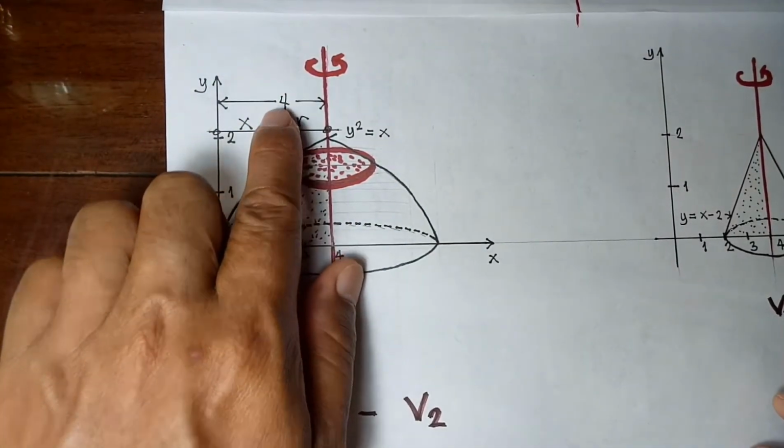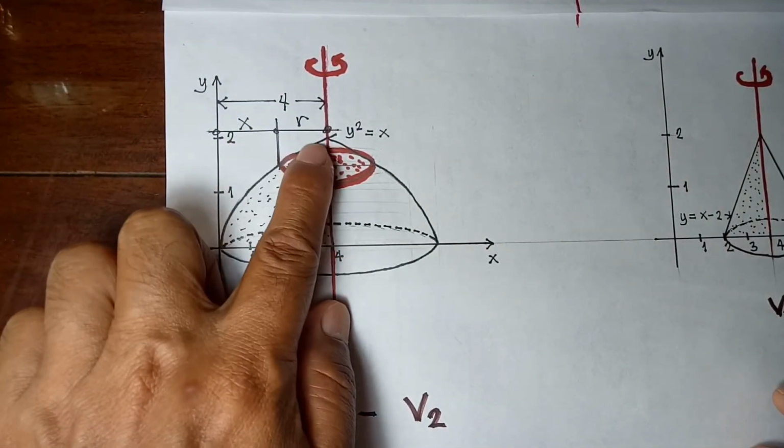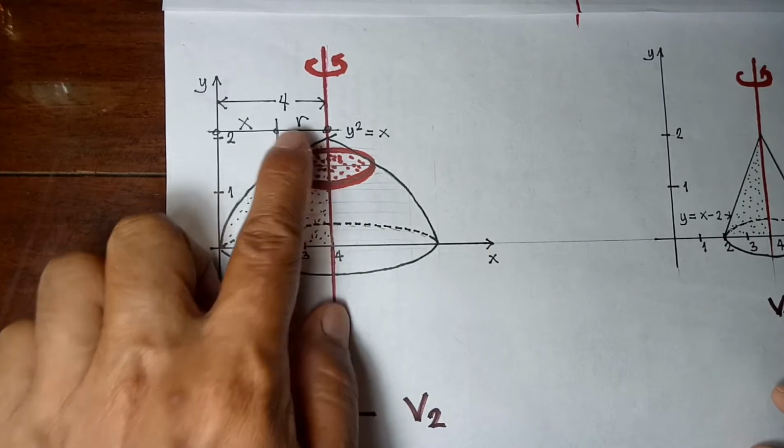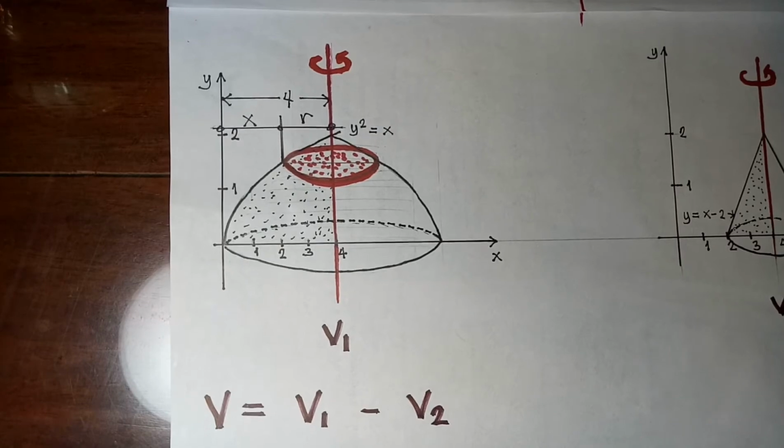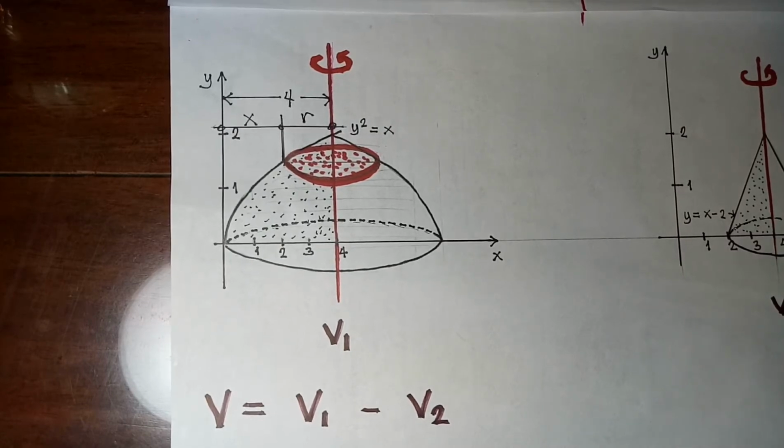So if this is 4 units and this is x, therefore our r is 4 minus x.